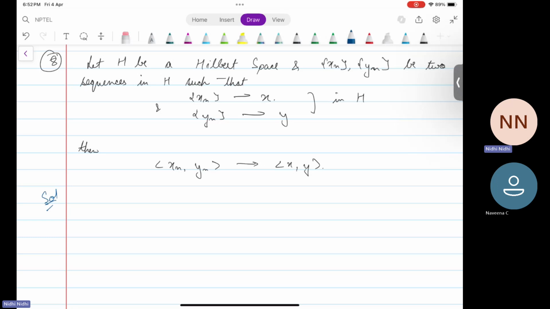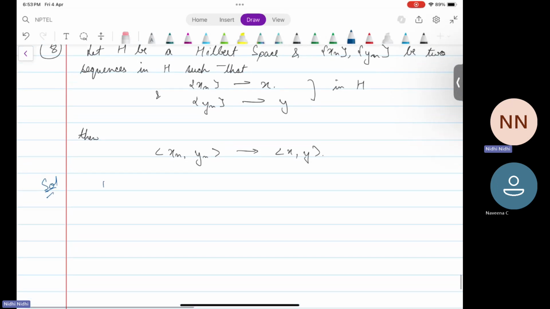So this actually does not happen if we take H equal to the L2 space. We all know that L2 is a Hilbert space. This is the space of all those sequences x_n such that they are square summable.